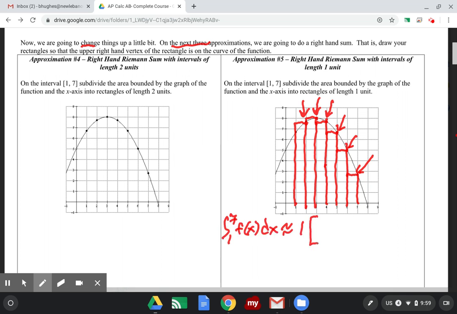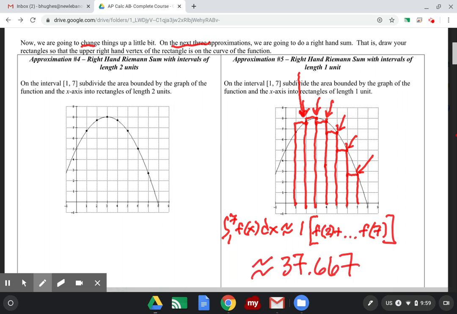And now I just need to add up my function values of the heights of each rectangle. The very first one would be this one right here, which is f of 2. And then I would go all the way up to the last one, which is found by f of 7. So the area in this case is 37.667.